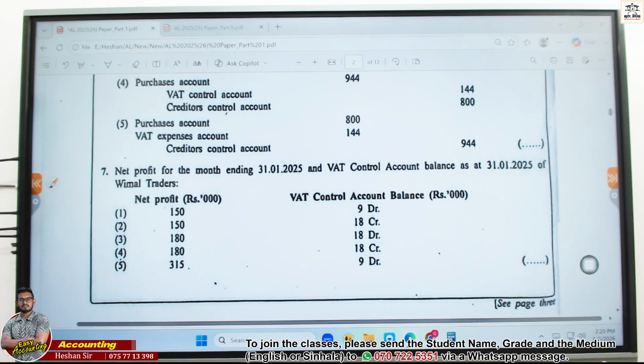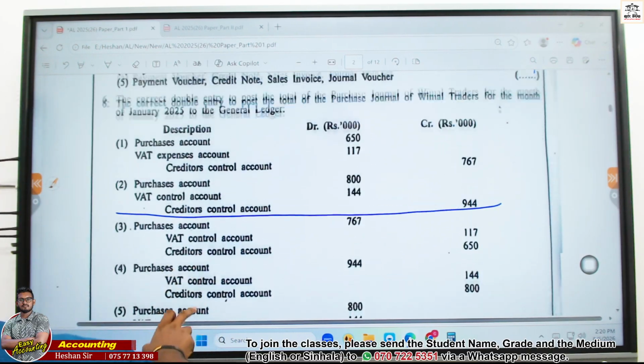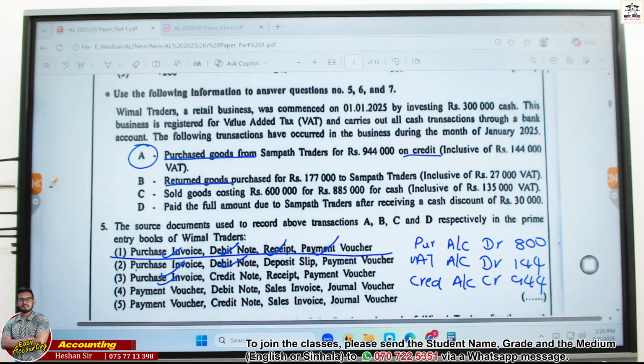Next you can see they are asking net profit for the month ended 31st of March 2025 and VAT control account balance. Look, record the accounting equation, send me a thumbs up. Net profit and the VAT, they are asking the net profit and the VAT.